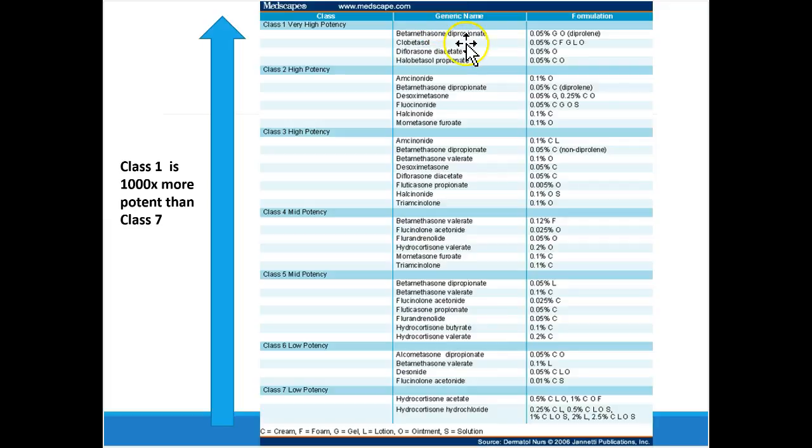So valerate versus dipropionate, you're going to have a much different ability to penetrate the skin because the molecule's able to move easier depending on what salt it's coupled to. At the same time, you see betamethasone valerate ointment, which also moves up way higher than the betamethasone valerate lotion. So just remember, vehicle is really important too, but I do want you to focus on knowing a couple of these and where they fit in. Again, betamethasone, clobetasol, high potency, triamcinolone, mid potency, and hydrocortisone being a low potency steroid.